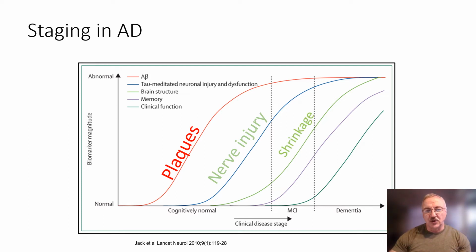Only after those have become established do we start to see brain structural changes with atrophy, as those long axons start to die and we start to get synaptic loss. We start to see early memory changes as we lose those synapses. And then we start to get reduced activities of daily living as we progress into the more severe stages of the dementia itself.